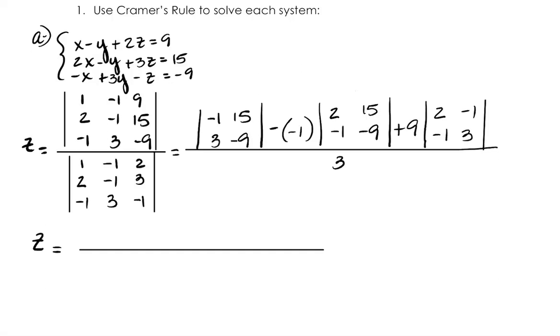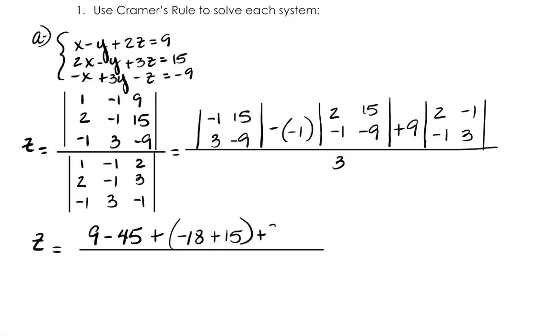Our first determinant is 9 minus 45. Since we have two negative signs, this becomes a positive, and we have negative 18 plus 15.